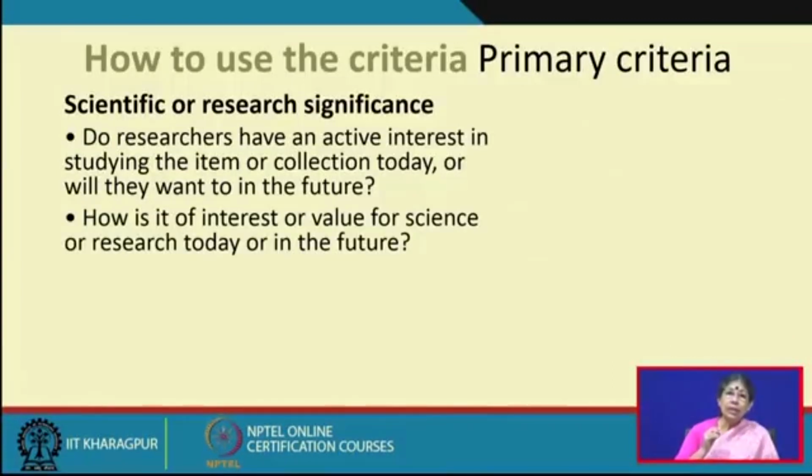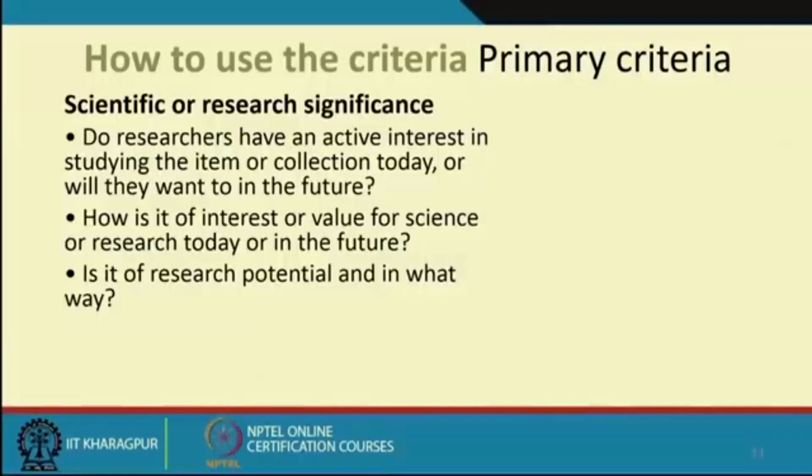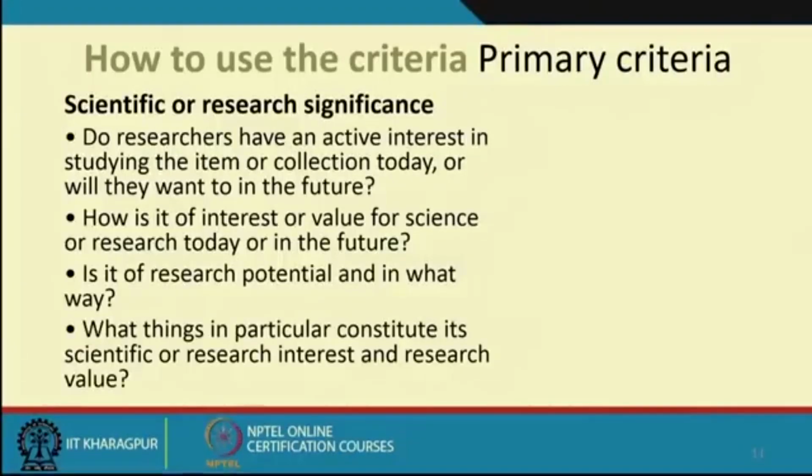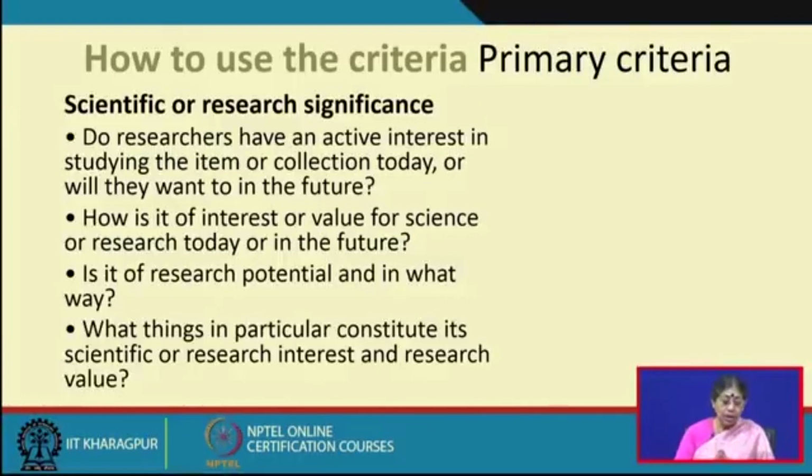How is it of interest or of value for science or research today or in the future? Is it of research potential? What things in particular constitute scientific or research interest and research value? So, these come under the scientific and the research significance.